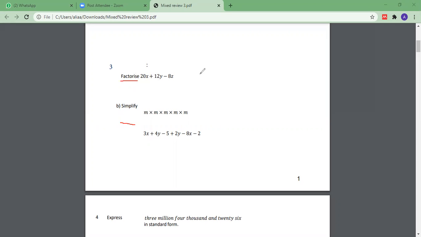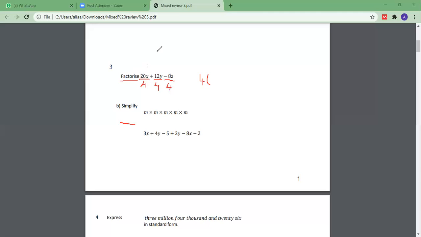So I'm going to write 4 first. And then, is there anything else common? If there's anything else common, no. So I will open the bracket. And I will divide 20x divided by 4, 12y divided by 4, and negative 8z divided by 4.